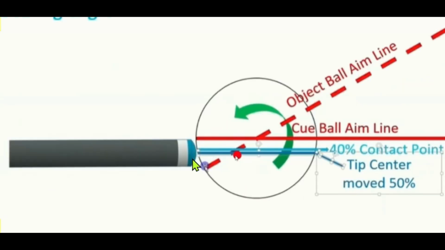Visibly, to have the cue tip contact 40% of the difference of these two distances, because of the arc of the cue tip and the arc of the cue ball, effectively, if you aim exactly at the center of these two, your cue tip will be contacting this at 40%, and that will be gearing English. Basically, if you take the difference of these two and your cue tip in your mind centers exactly over the half of that distance, that will create gearing English.